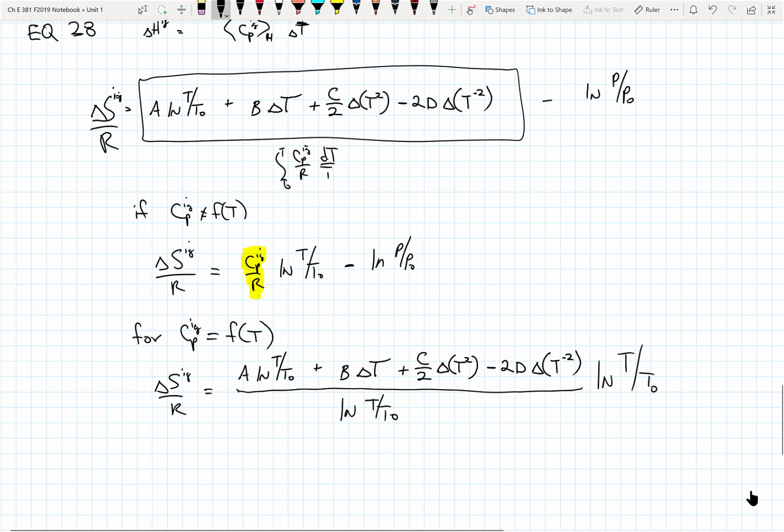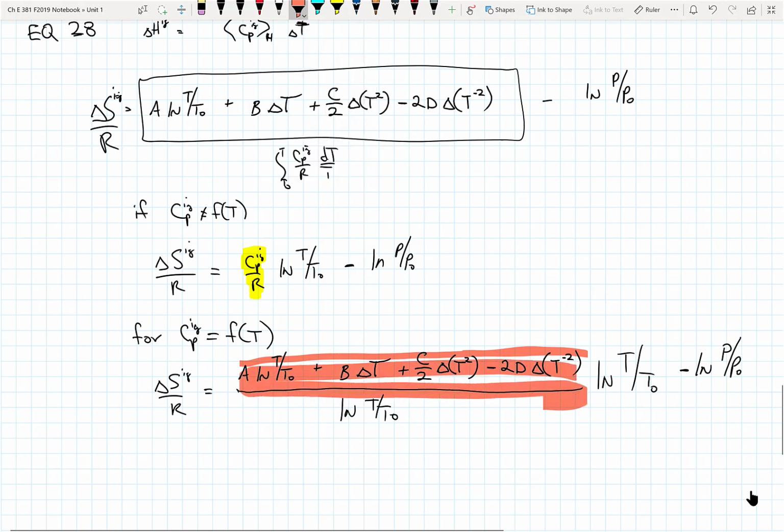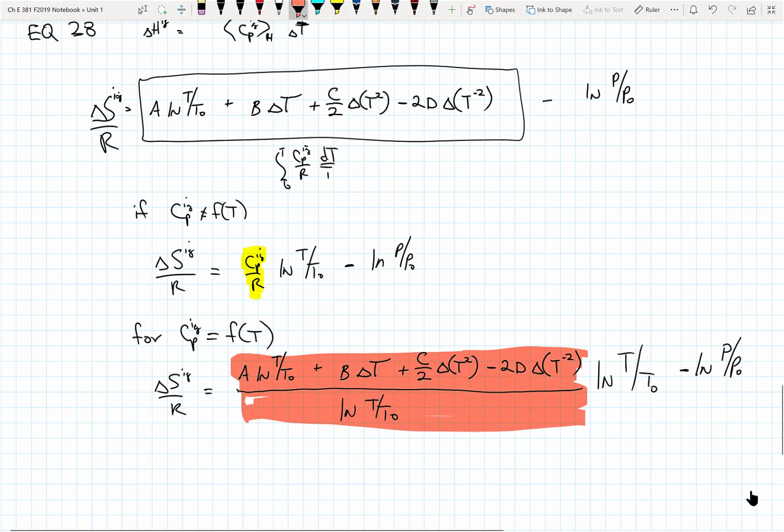And we've still got the logarithm of the pressure ratio in there. And so now this whole thing is what we define as our mean heat capacity, which is useful for entropy calculations.